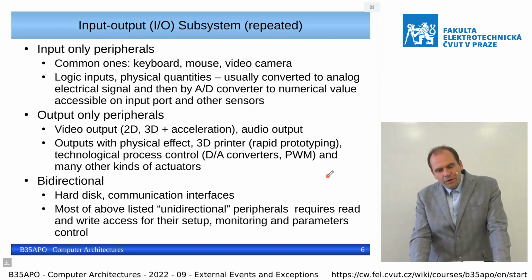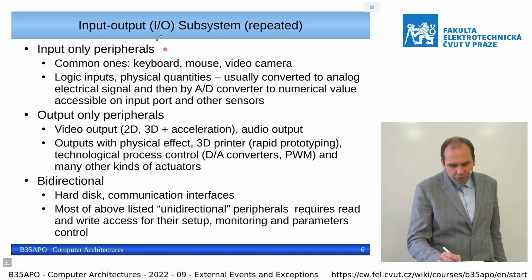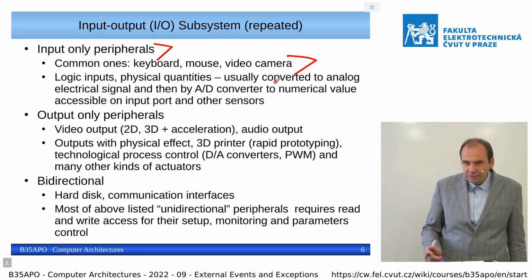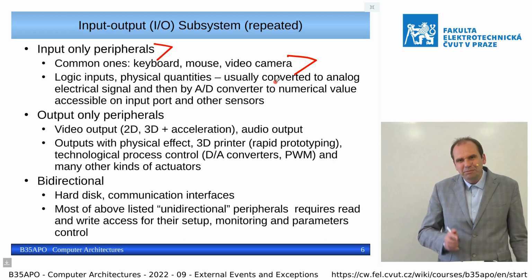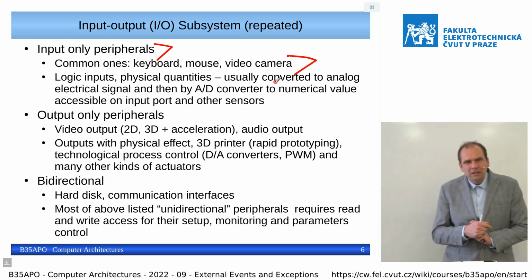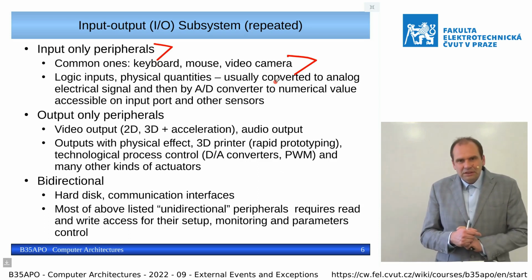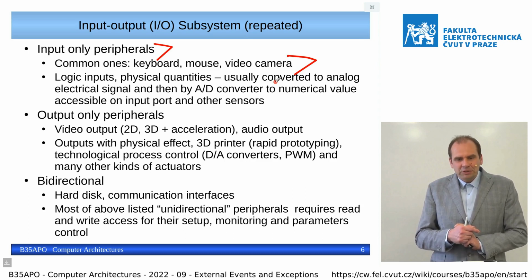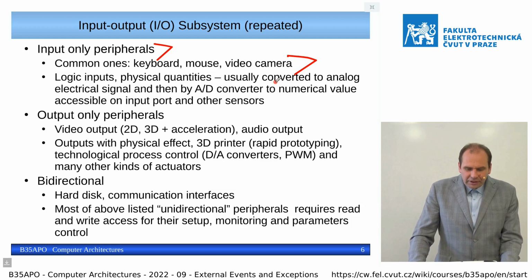Okay, we have already seen that there can be an input-output subsystem. We have spoken about input-only peripherals, but said that today, for example, the camera has two-way communication. But in fact, this one, which I have here, is only an HDMI output. So it is really single direction, but there is a possibility to connect it to another link which allows it to be controlled remotely.